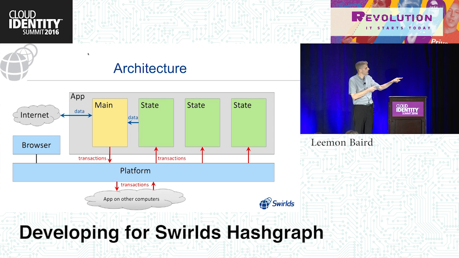Every time it's given a transaction, it is told, this is a consensus transaction or this is not a consensus transaction. And so if it wanted to, it could color code results on the screen, saying the red ones are the ones I'm not yet sure about. You could even make it throw away all the non-consensus ones and just show you consensus on the screen. So the state gets to decide what it wants to do based on whether it's consensus or not.